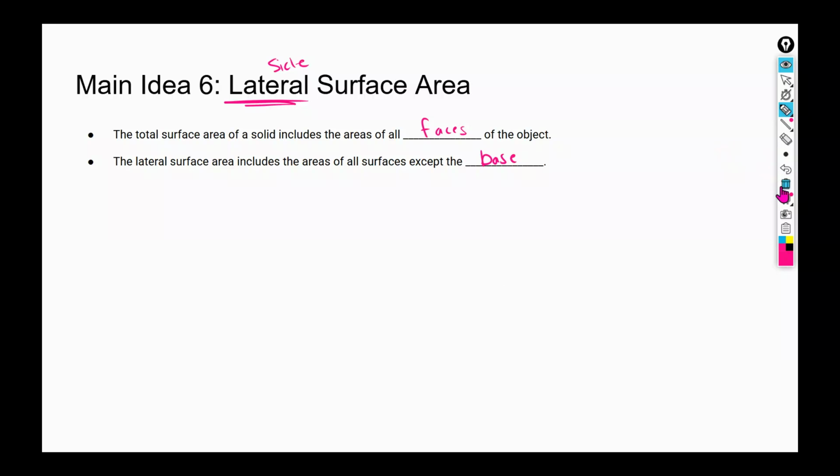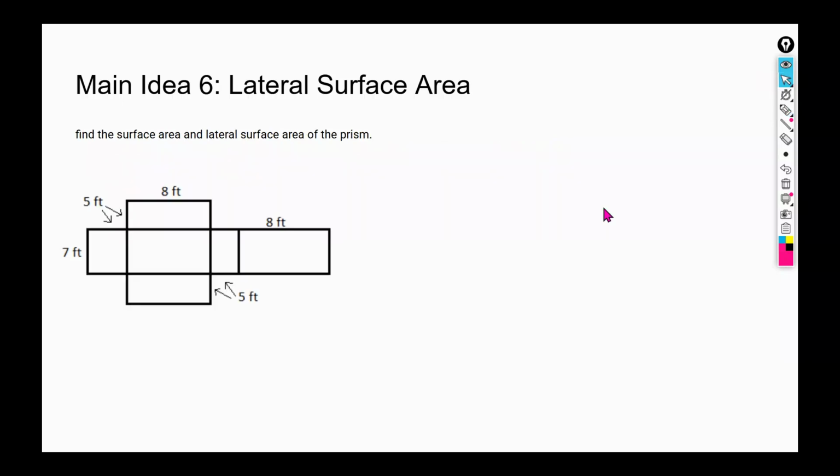Let's look at some examples of calculating surface area and lateral surface area. So here was your example. We have this prism that is a net. Remember that a net of this specific prism is just a two-dimensional representation of a prism.